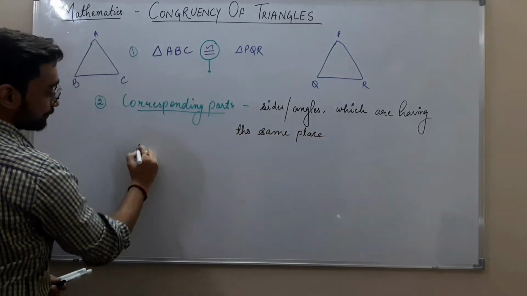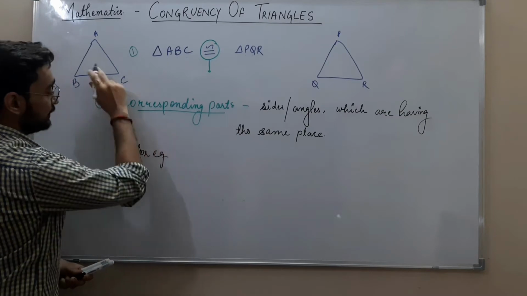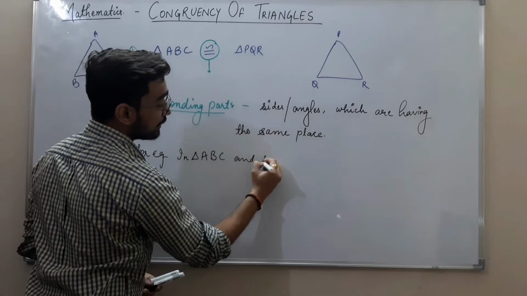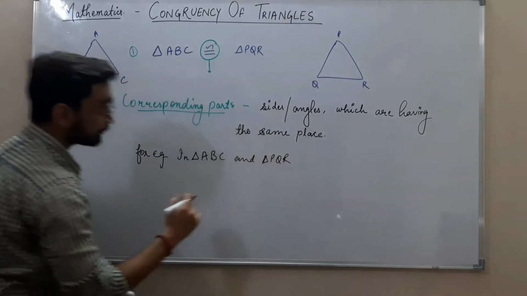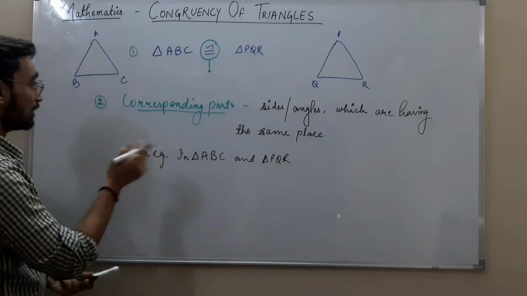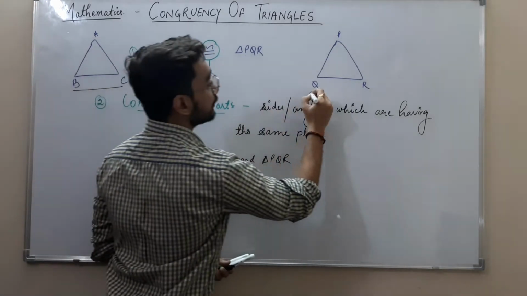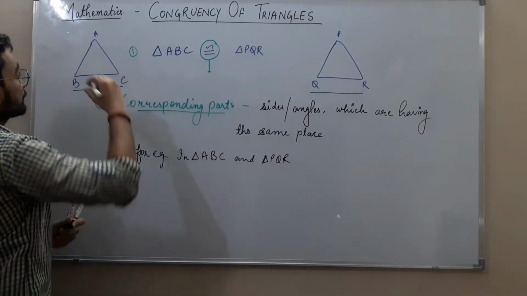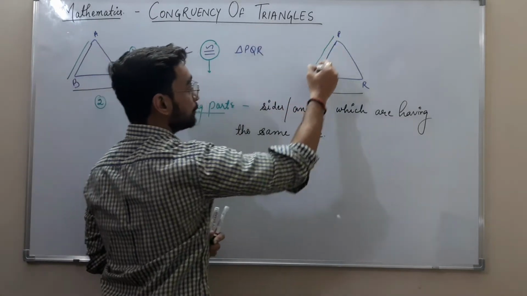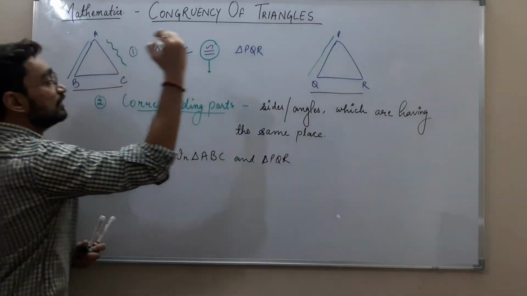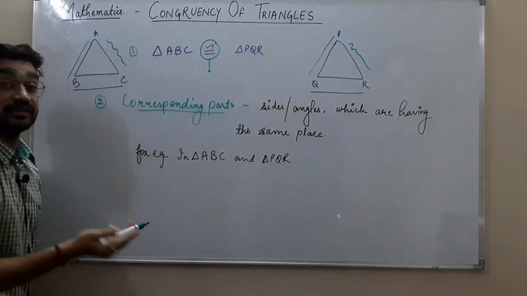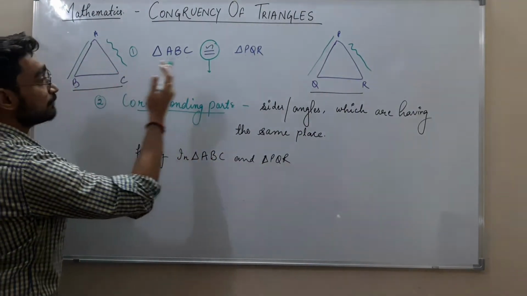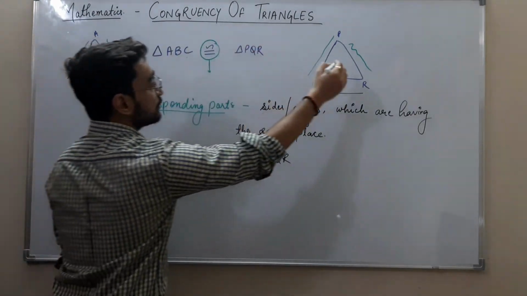For example, in triangle ABC and triangle PQR, the corresponding parts are BC and QR. They are the corresponding parts. AB will be corresponding to PQ. AC will be corresponding to PR. They are the corresponding sides, because they both have the same position.